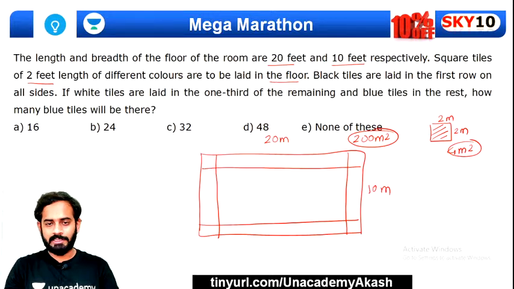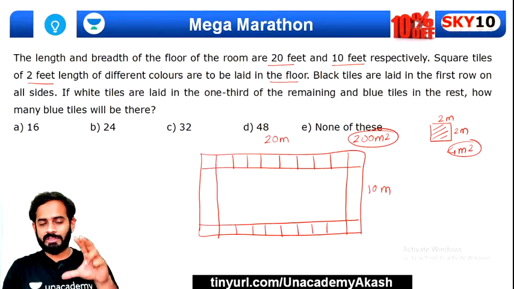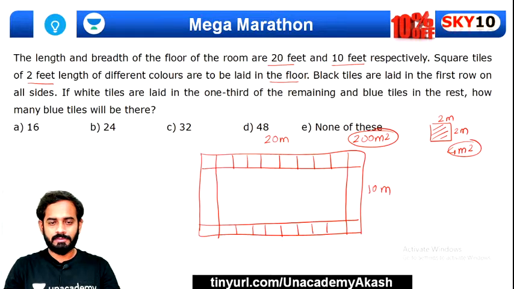Obviously there will be 10 tiles. So 10 tiles will be like this: 1 2 3 4 5, 1 2 3 4 5. Similarly here also 1 2 3 4 5, 1 2 3 4 5. And along the width of this rectangle only 5 tiles can be fitted, right?